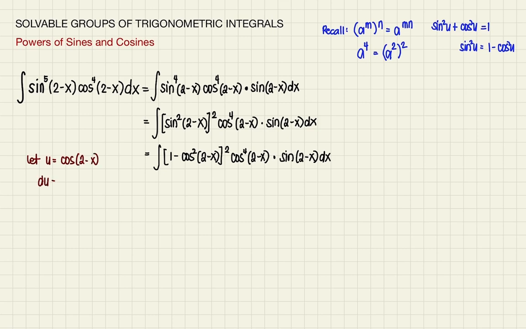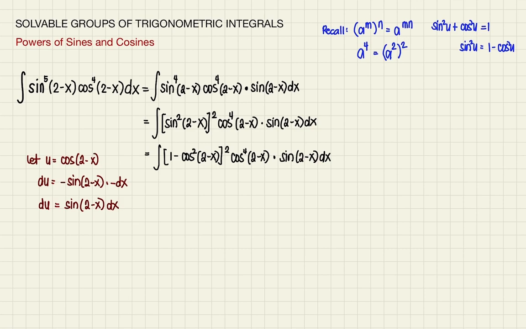So that du equals negative sine of 2 minus x. Remember, the differential of cosine is negative sine. And we still have to find the differential of 2 minus x, which is negative 1. So we just write negative dx. Negative and negative would give us positive. Therefore, du is just equal to sine of 2 minus x dx.